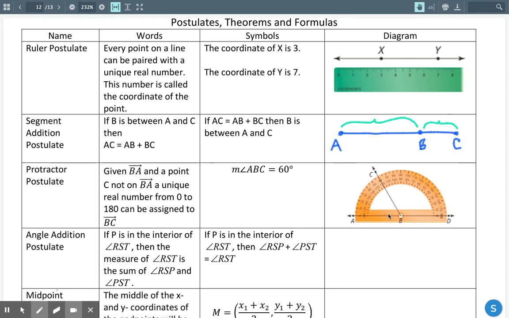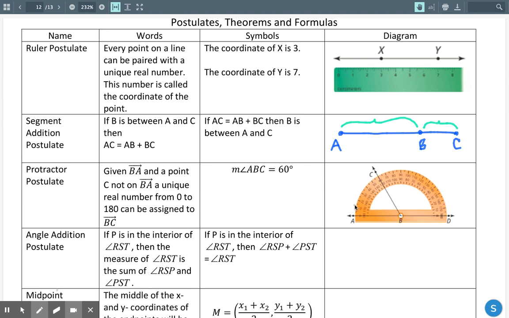So now A to B to C has created an angle. In this case, angle ABC is 60 degrees. If C were to move to somewhere else, the angle would change.